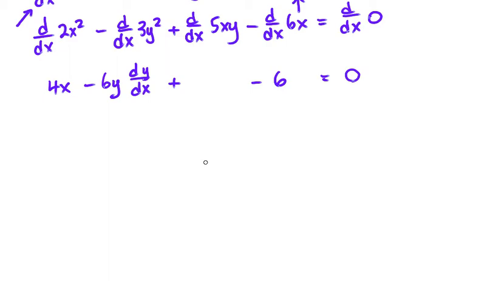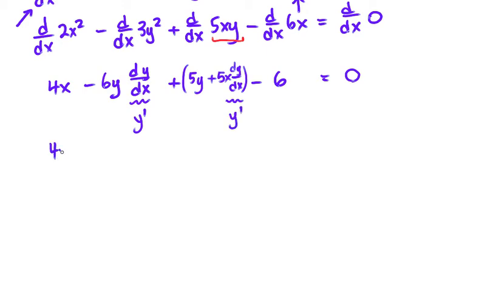A similar thing happens on the third term. This is considered to be a product, so we use the product rule. I'm going to get two parts in here. The first part is the derivative of 5x, which is 5, times the other part, which is y, and then the second part of the product is 5x times the derivative of y, and the derivative of y is this dy dx, or y prime. This is the exact same thing as finding y prime.